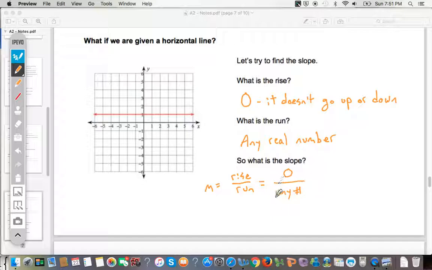So it could be 1, could be -1, could be 100, could be a million, could be -567, could be any number. So 0 divided by any number is just 0. So that's our slope for this equation. Pause the video if you need more time.